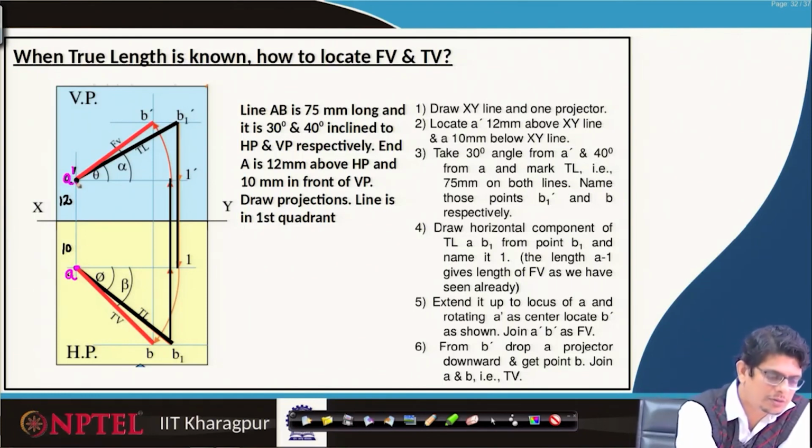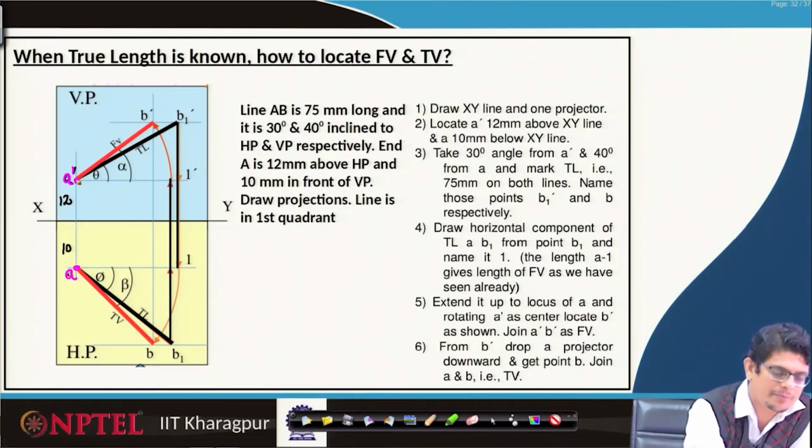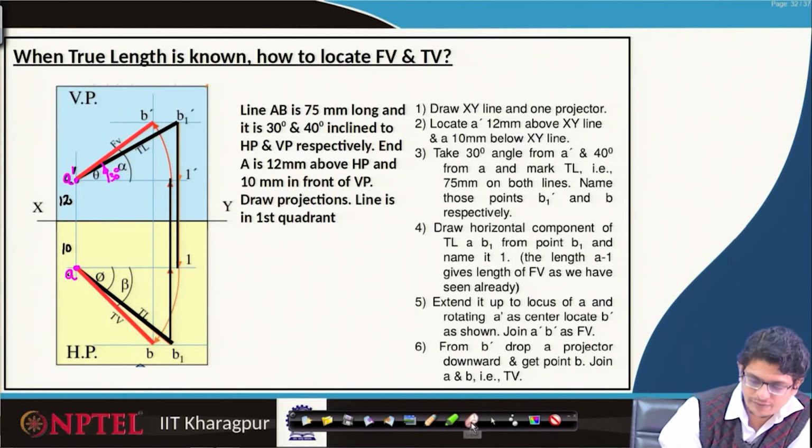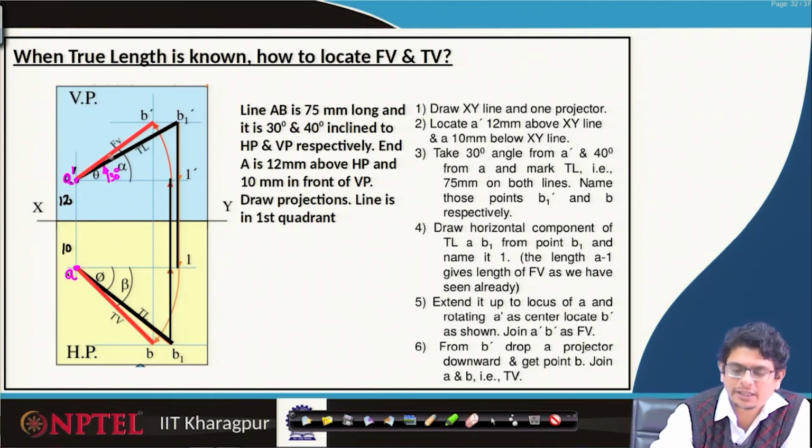These points are known. Now, what we have to do is 30 degrees with respect to horizontal plane, which we will see it in the front view. So, take 30-degree angle from A prime. A line we have to draw in such a way that we will be in a position to mark true length 75 mm.